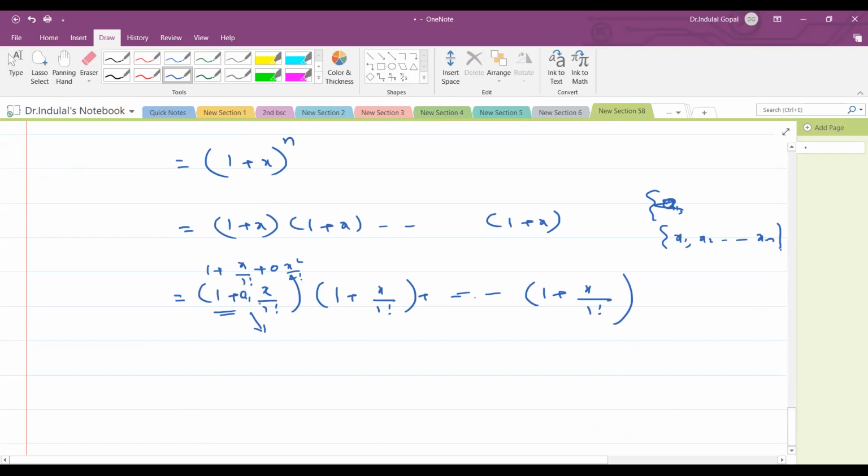AR is the number of ways of permuting R objects, R copies of the first object.